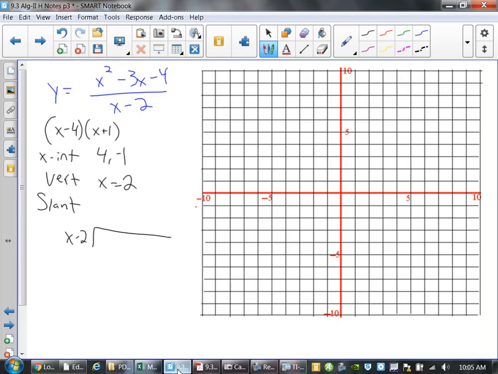Do a little long division here. There's not enough room on this paper. Top is bigger. My slant asymptote goes off at x minus 1. Sorry, I get going too fast sometimes.